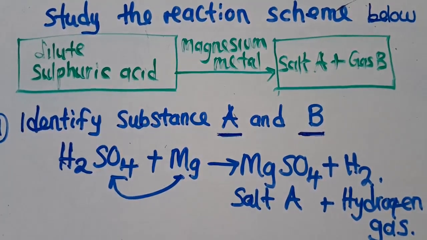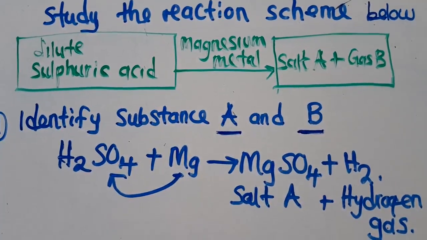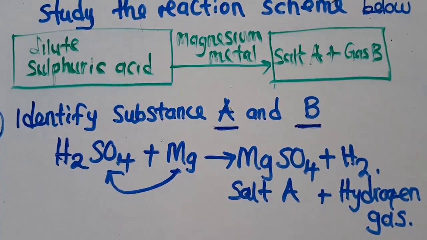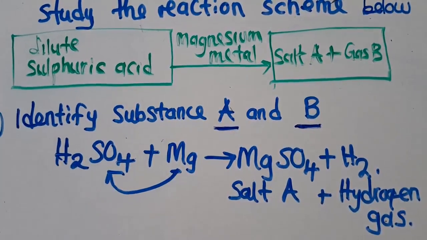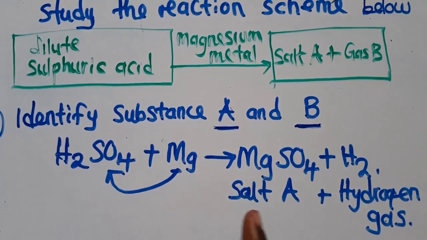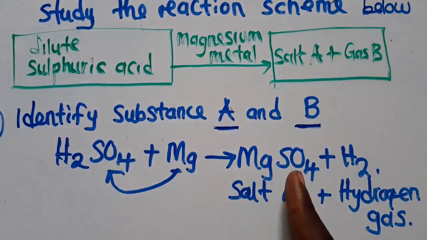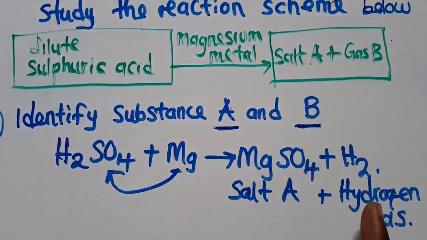According to the question, we were told to identify substance A and substance B. This is how you need to go about it. We've identified that salt A is magnesium sulfate, and B is hydrogen gas.